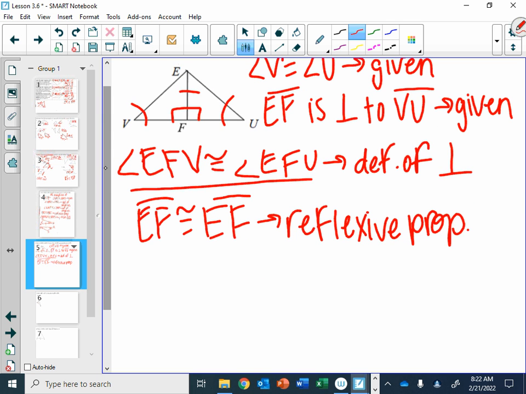Am I done, or almost? Have I listed everything? Angle, angle, side, or angle, side, angle, whichever one. Emily, what do you think? Okay, good. Now here comes the question. Are they congruent by angle, angle, side, or angle, side, angle?